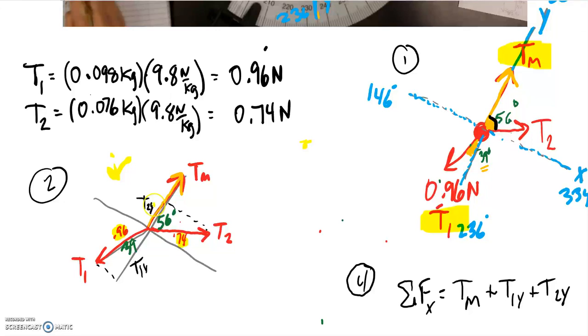And what I'm looking for are the y components of those tension forces, which I am highlighting right there. So using the trigonometry, the angles that we've already established, and the hypotenuse of these triangles, which are the tension forces we just calculated, those are the two things we need to calculate those two unknown sides.